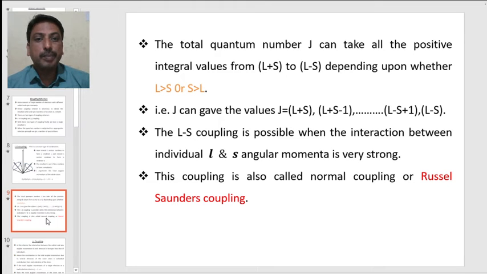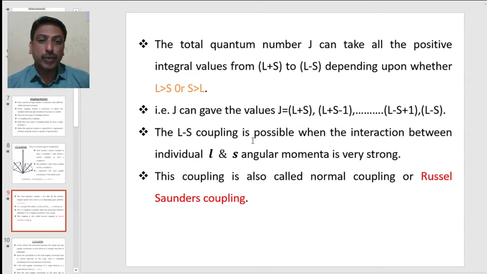The total angular momentum quantum number J can take all possible positive integral values from L plus S to L minus S, depending upon whether L is greater than S or S is greater than L. It means J can have values from L plus S to L minus S, that is J equals L plus S, L plus S minus 1, and so on, up to L minus S plus 1 and L minus S.